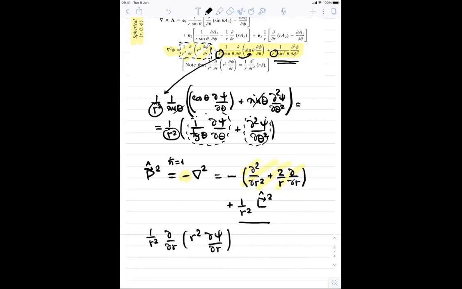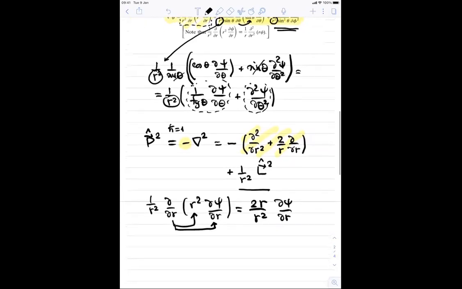Okay, let's do the derivatives. I have two things on which I can act, this or that. The first one gives me twice r divided by r square, and then I have the derivative of psi with respect to r.